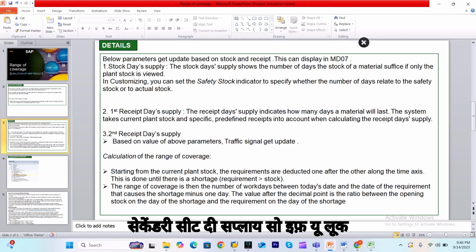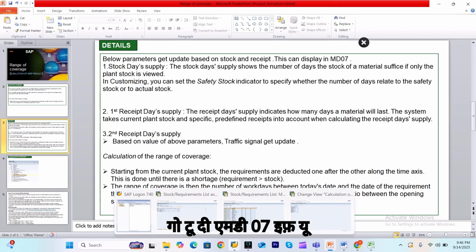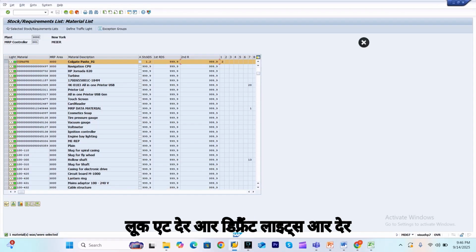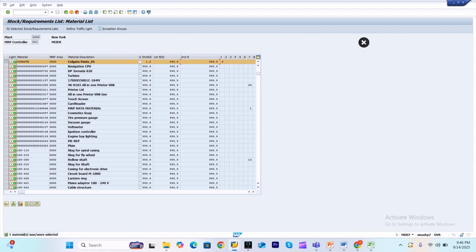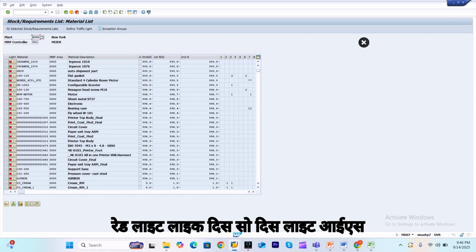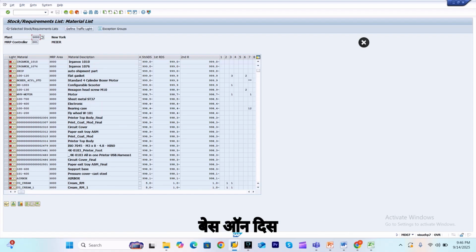So if you go to the MD07, you will see different lights, like green light and red light. This light is based on these settings.